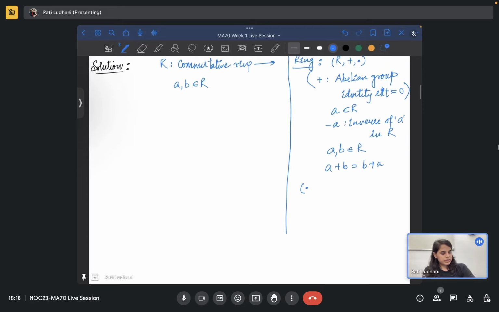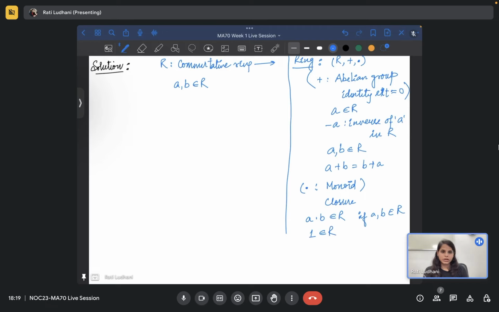And with respect to multiplication, it is a monoid. That means it has closure. So with respect to multiplication, A dot B is also there if A and B belong to R. Second, it has identity, which we will say 1 to be, and we usually take all the rings to be with identity. Of course, there are rings with no identity element, but we will not consider that in the course.